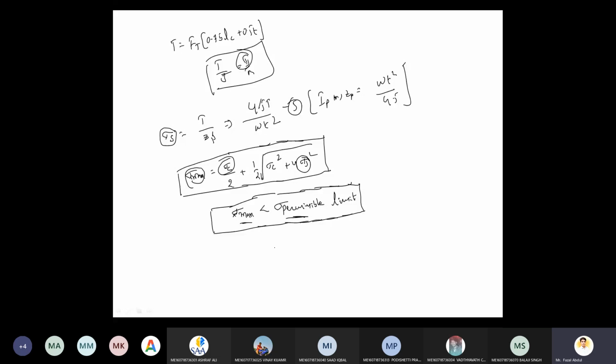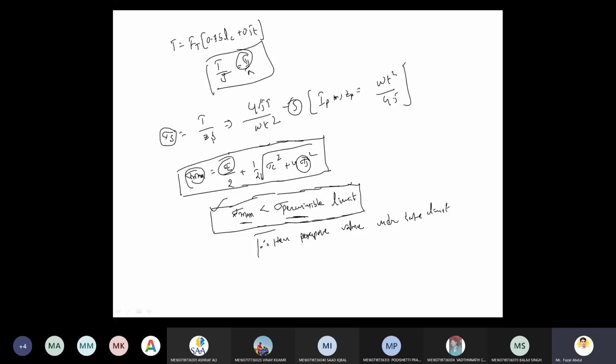Then you can write the comment: hence, the proposed values are under safe limits. Otherwise, you have to cross-check again where you made the mistake, follow the same procedure and show the satisfactory result. Maximum should be less than the permissible limit.